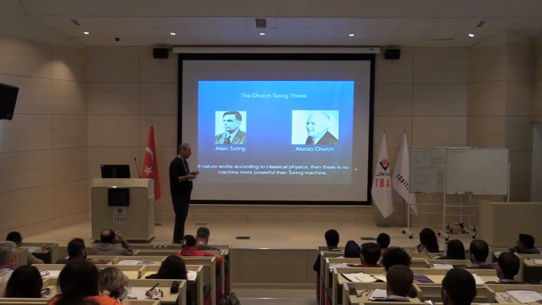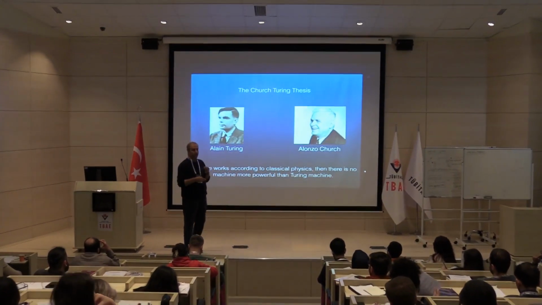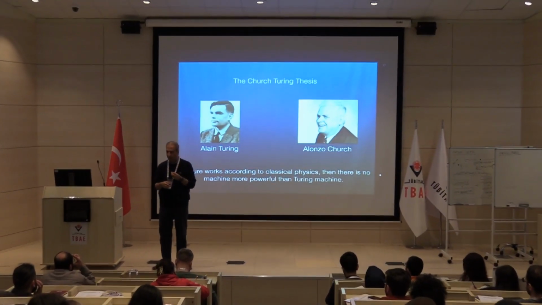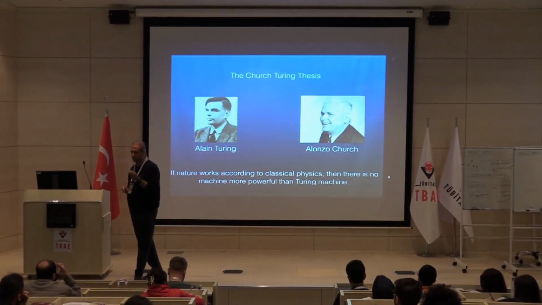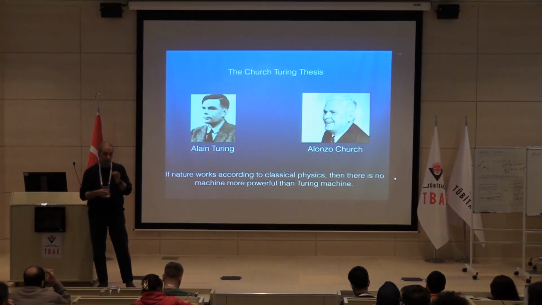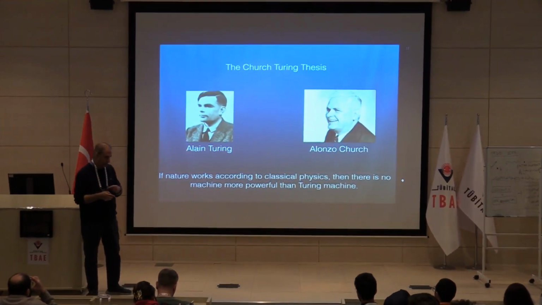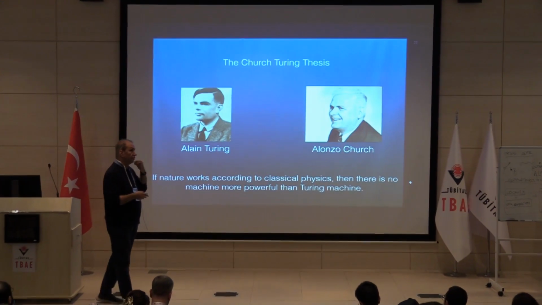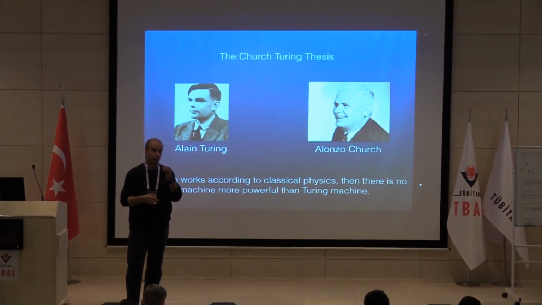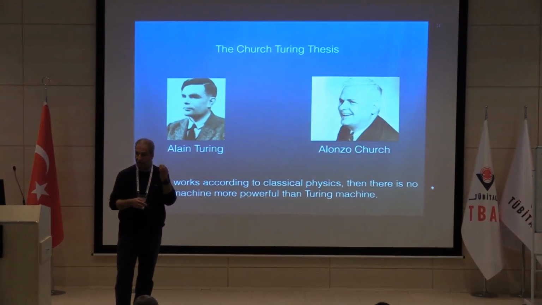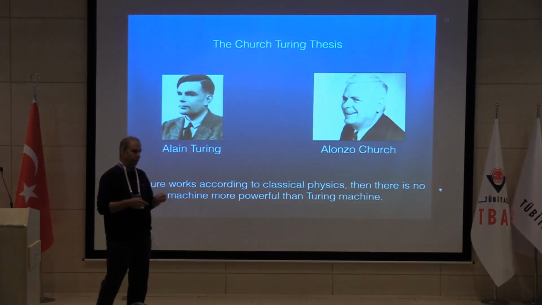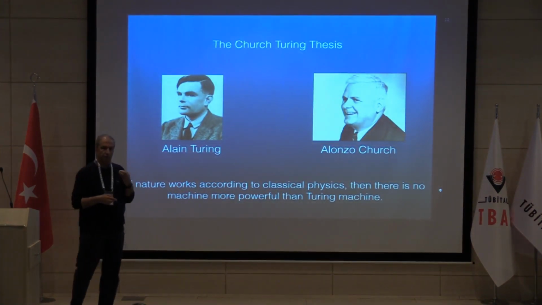So the Turing machine is the ultimate concept of the algorithm that we have. We do not have anything more complicated than the Turing machine and more powerful than the Turing machine. Any problem that you can solve, any function that is computable by algorithms, can be computed by a Turing machine.